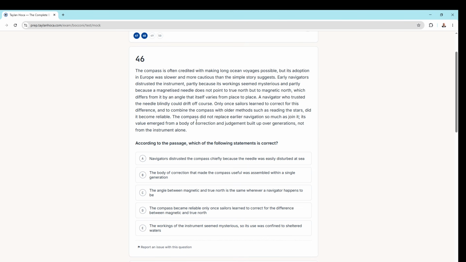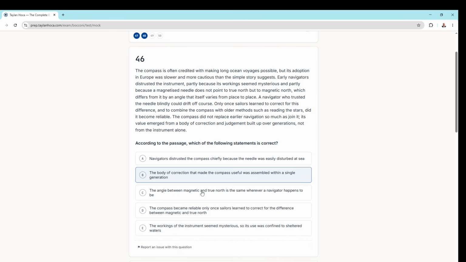They combined it with other methods, and it has become reliable. Navigators discharged it cheaply because the needle was easily disturbed at sea. Partly because magnetism, it does not point to the north but to magnetic north.